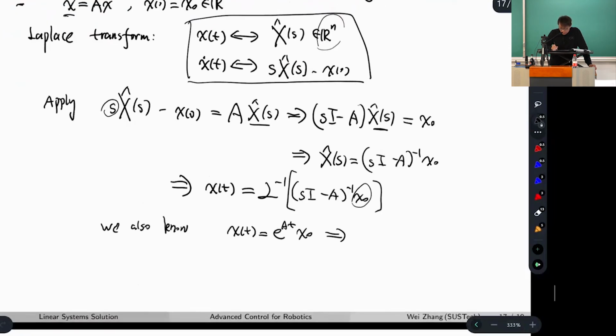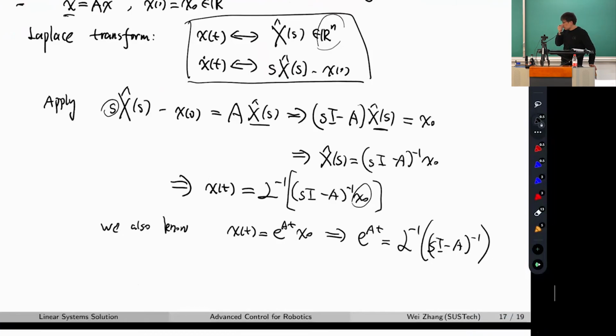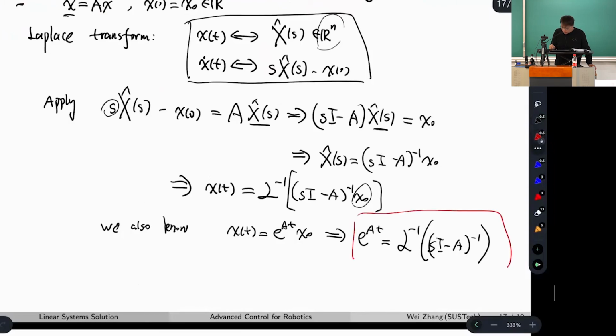Of course, the constant x0 can be moved out. So you have e to the At equal to the inverse Laplace transform of (sI minus A) inverse. That's our conclusion. If you know how to take the Laplace transform or inverse Laplace transform, you can also compute e to the At this way.